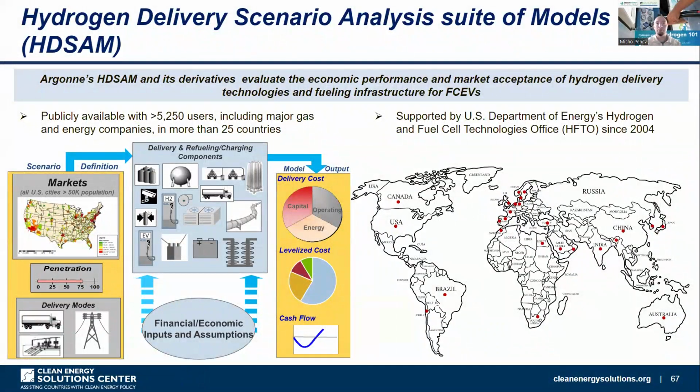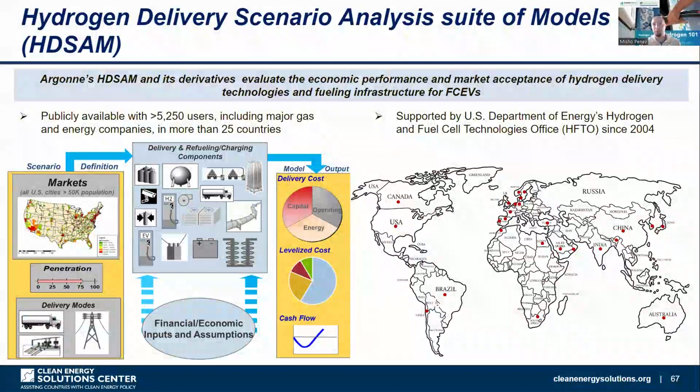The model is very focused on transportation as an end market, as that encompasses midstream that could serve industrial uses, but it also considers what the additional infrastructure would look like for transportation.